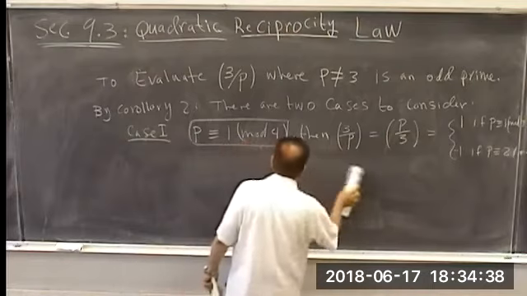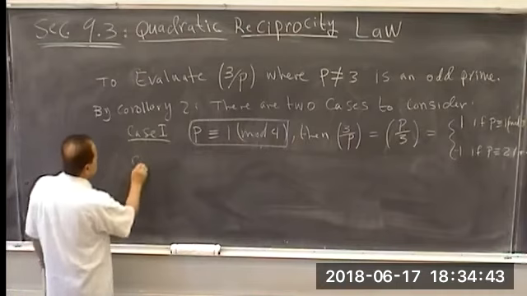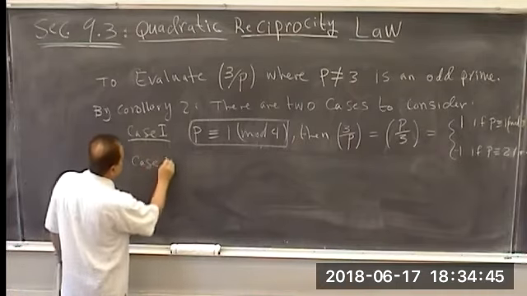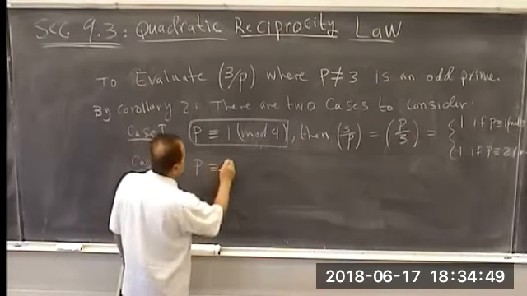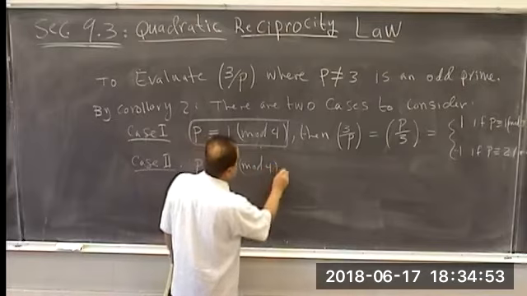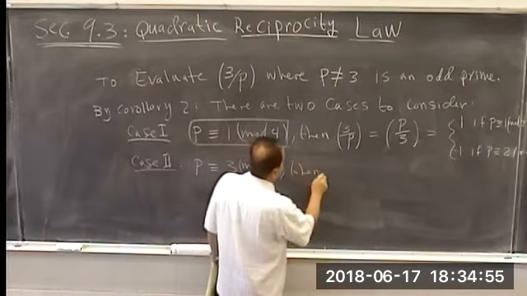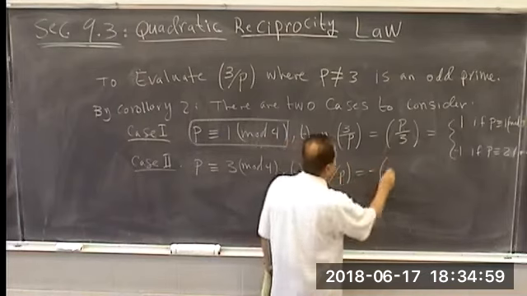When I look at the second case, case 2, when p is congruent to 3 mod 4, then (3/p) is going to be negative (p/3).